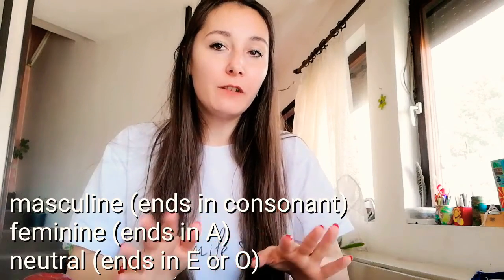Okay, once again, if you haven't watched that video, I recommend you to watch it because there are some examples and also visual. I show there some things around me and I give examples with them. Okay, so today we are going to focus on the plural. But why is it important to know the genders? Because every gender has its own plural endings. So basically it changes.